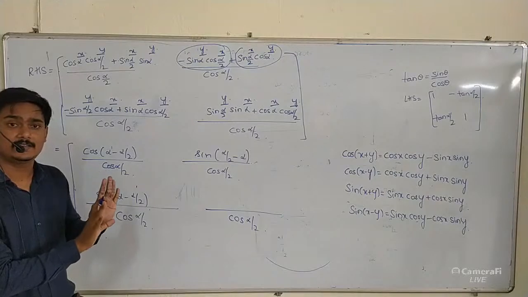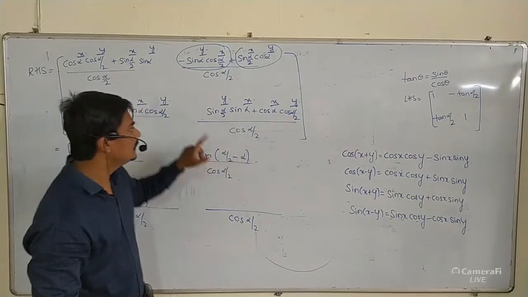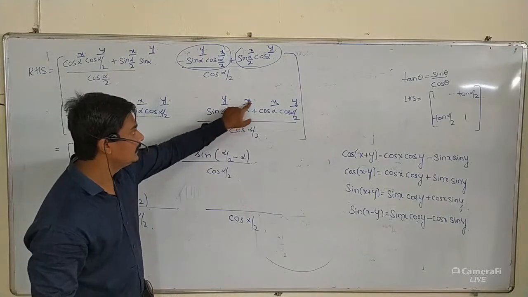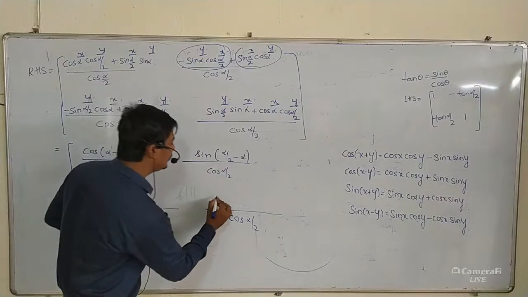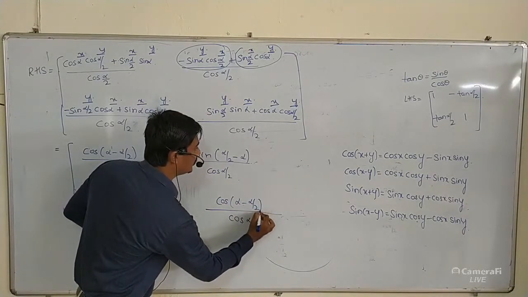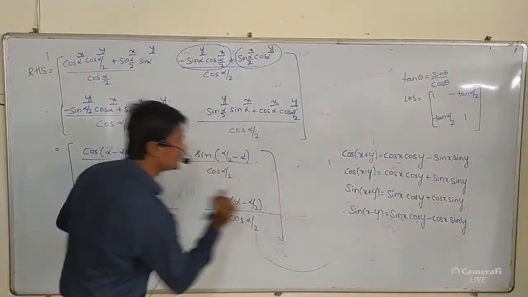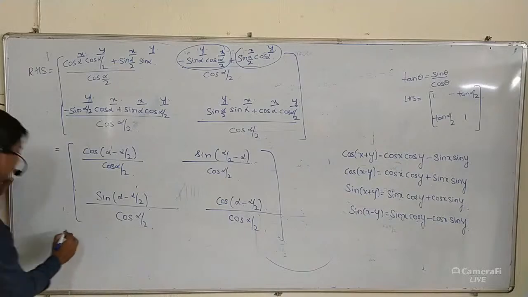You need to understand the terms clearly. Cos x cos y plus sin x sin y. What is cos x cos y plus sin x sin y? This is cos of x minus y. Is it clear?